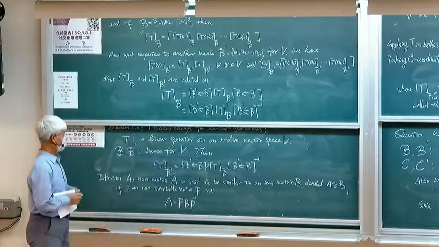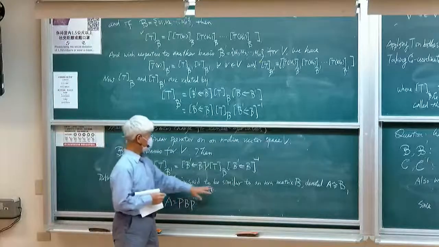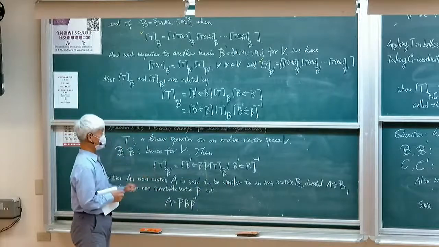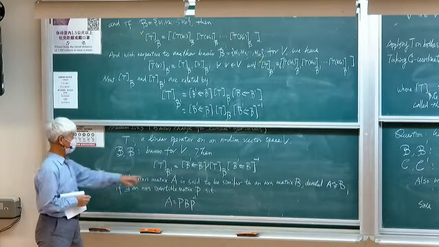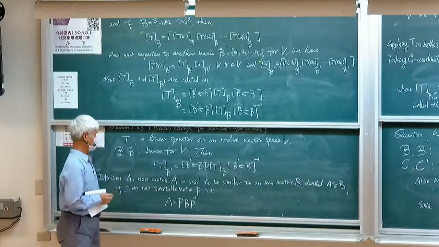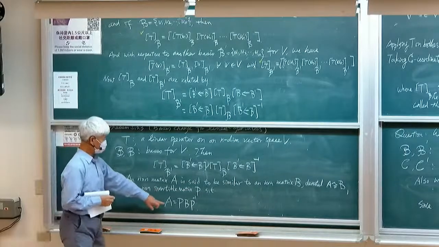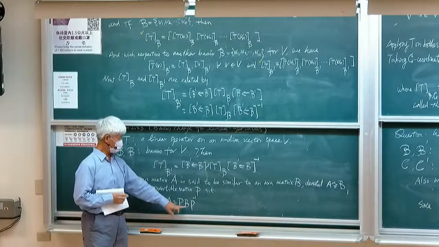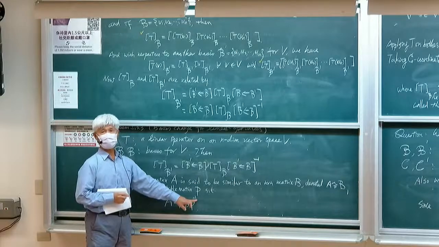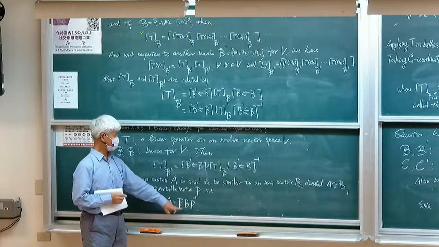So two n by n matrices A and B are similar if and only if A can be written as P times B times P inverse for an invertible matrix P.